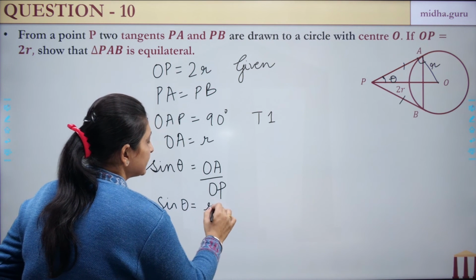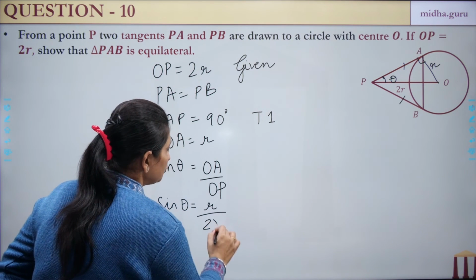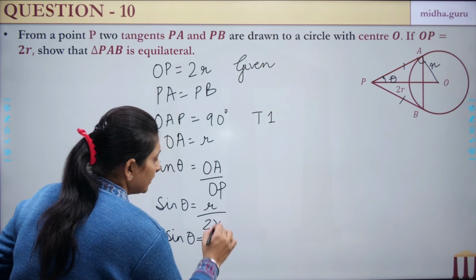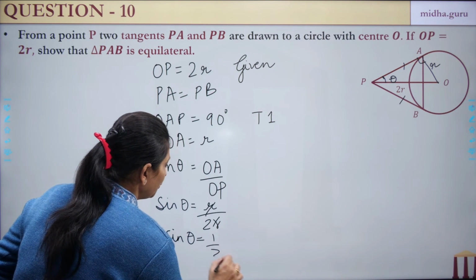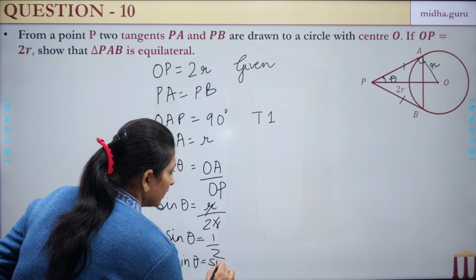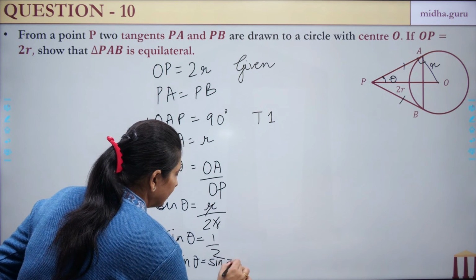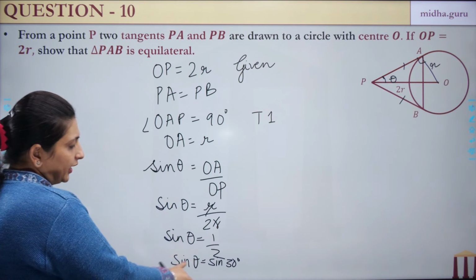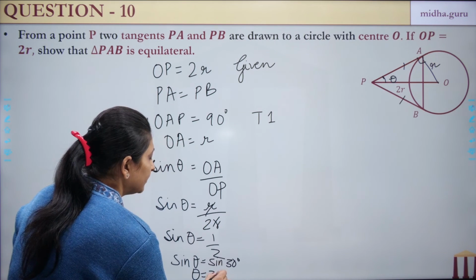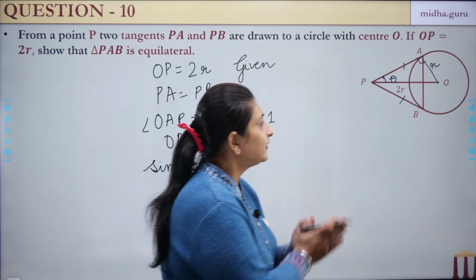We know OA is R and OP is 2R. So we are getting sine theta is equal to 1 by 2, and we know at sine 30 degrees the value is half. So sine theta is sine 30. So we got this as 30 degrees.